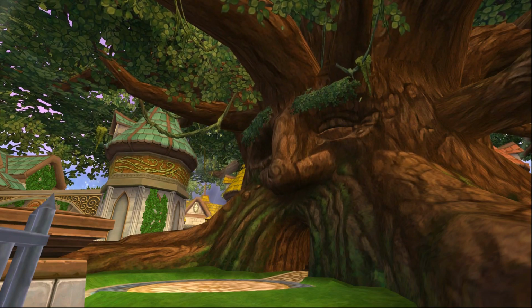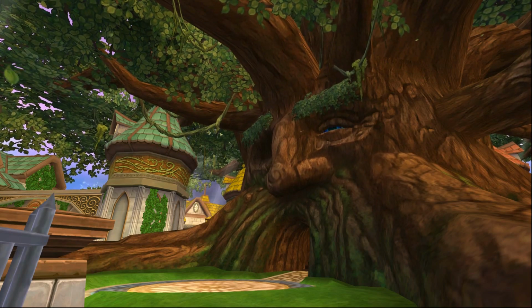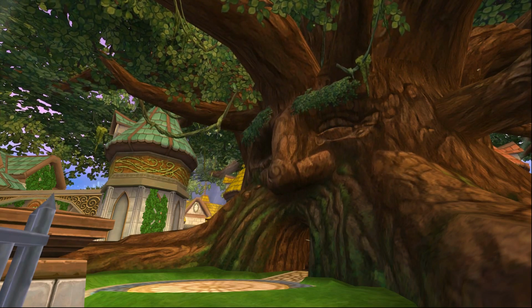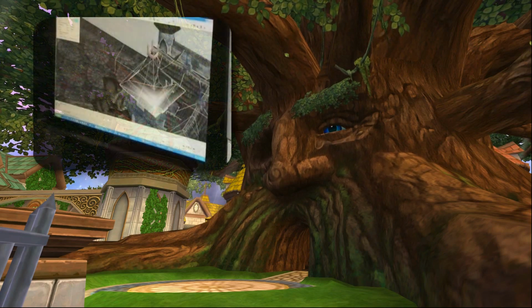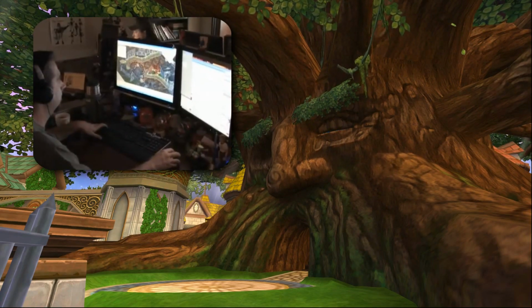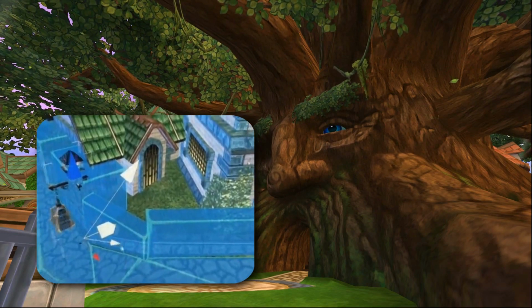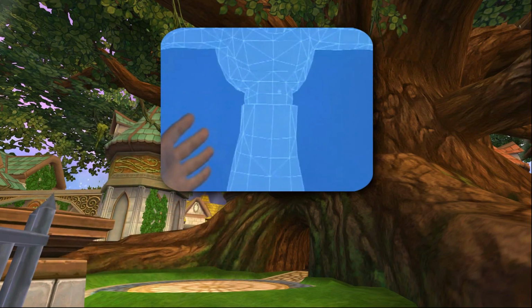So we couldn't shoot for cutting edge specs. When we came up with a look, we were working within the boundaries of what we could load into memory on these older machines, and because of that, we had to make a lot of concessions.